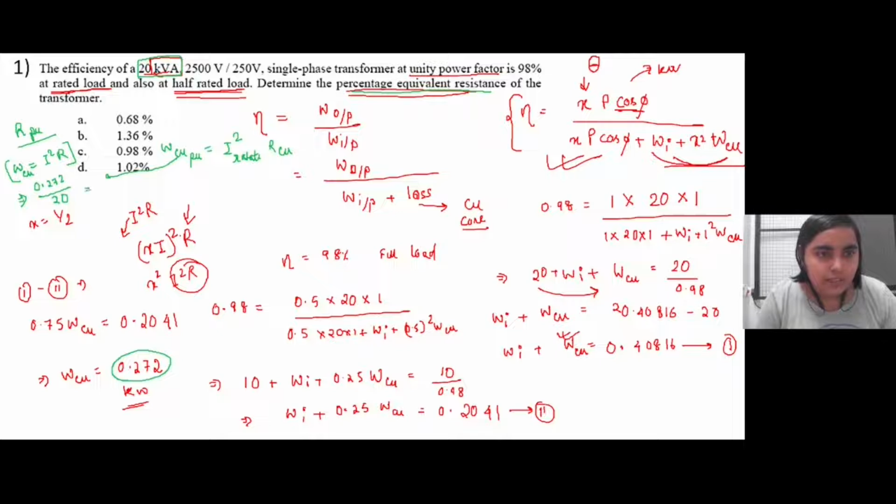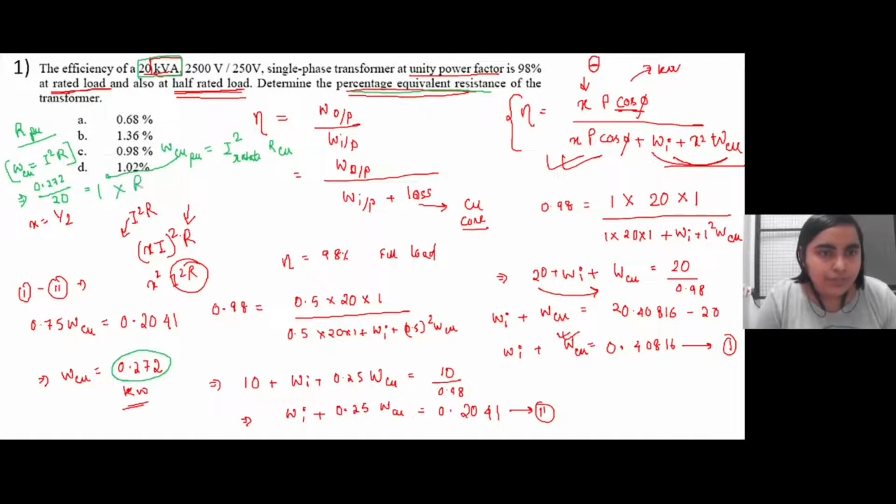So this will be equal to, now whatever the rated load, we are just dividing it, so it will be the 1, right? Whatever the current here is, that is the rated current, so it is 1.